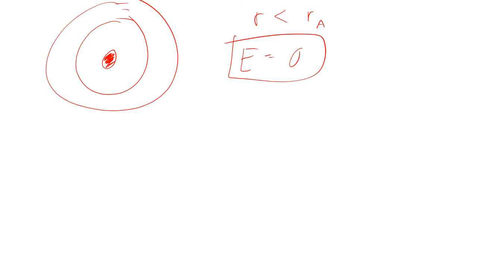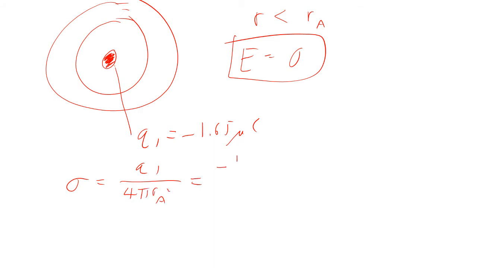So again, looking at just that, we know the charge Q1 was equal to minus 1.65 microcoulombs. So the charge density is going to be the charge divided by the area. So that'd be Q1 over 4 pi RA squared. So you plug in the numbers, minus 1.65 times 10 to the minus 6 coulombs divided by 4 pi times 1.01 times 10 to the minus 2 meters squared.